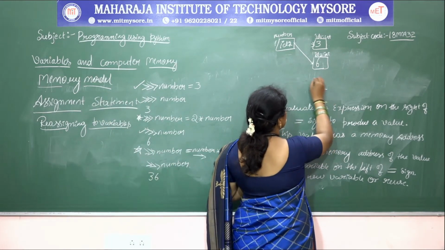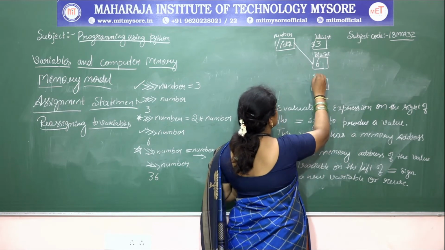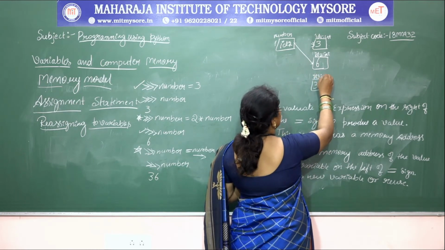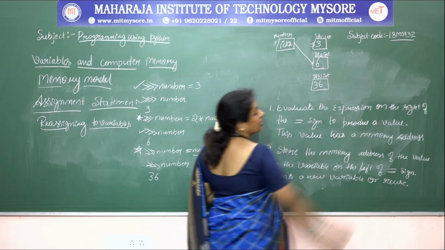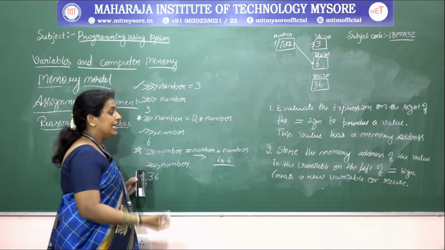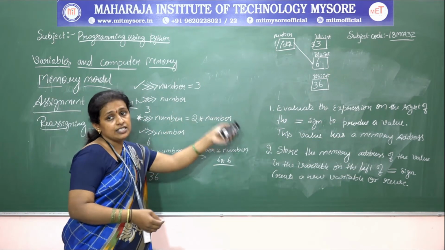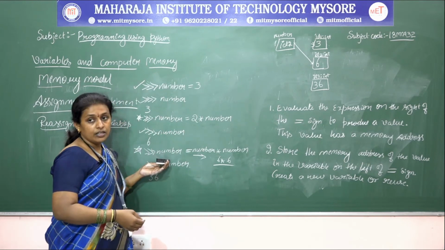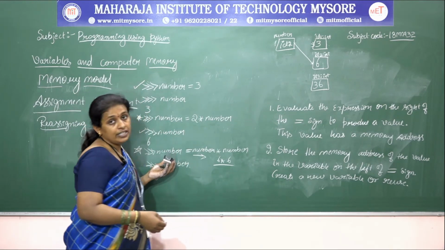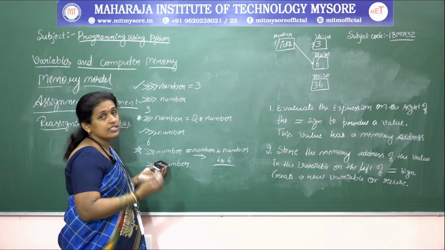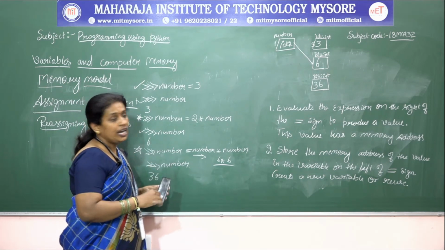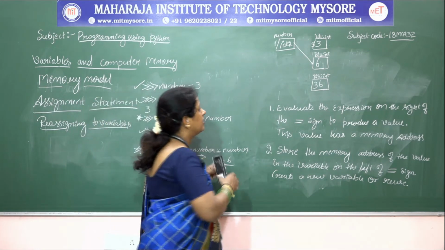So for that 36, I am going to create a memory address, that is IDE3, which is of type integer. Okay. So next I need to store this memory address in a variable called number. This number already exists, so I am just replacing the memory address of the variable.